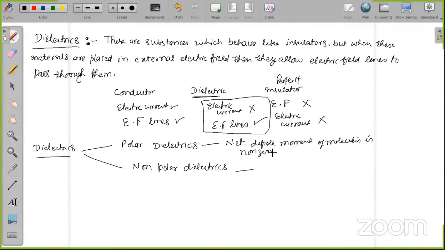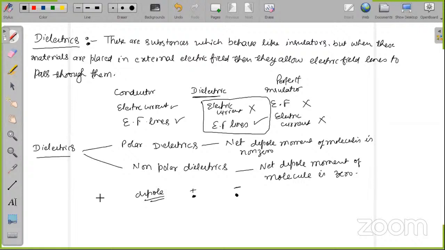In non-polar dielectrics, the net dipole moment of a molecule of the dielectric is zero. We know that dipole moment is obtained when the center of positive and negative charge are away from each other. Only then you will get dipole moment.